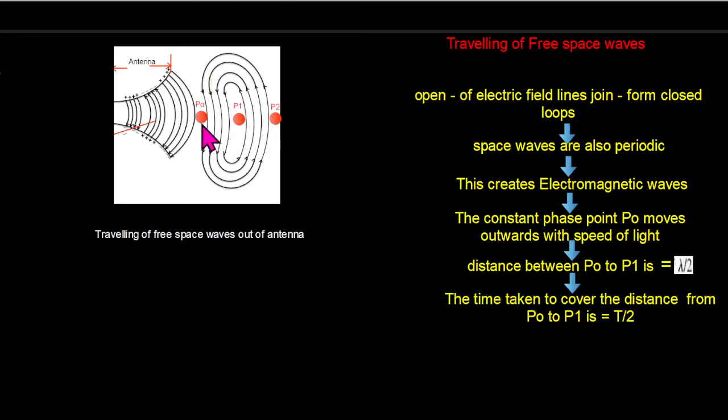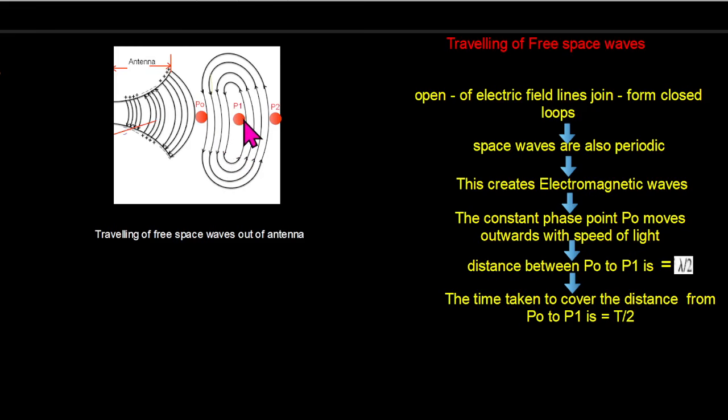Okay, if you measure the distance between this constant phase point P0 and P1, it is equal to lambda by 2, where lambda is the wavelength. That depends on the frequency, isn't it? The time taken to cover the distance from P0 to P1 is T by 2, half the time period of the signal.